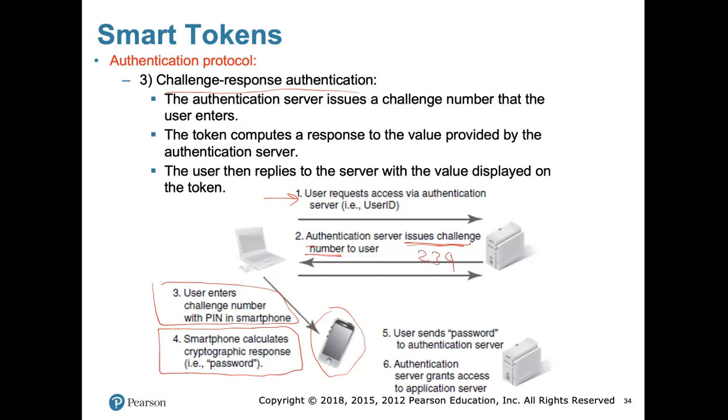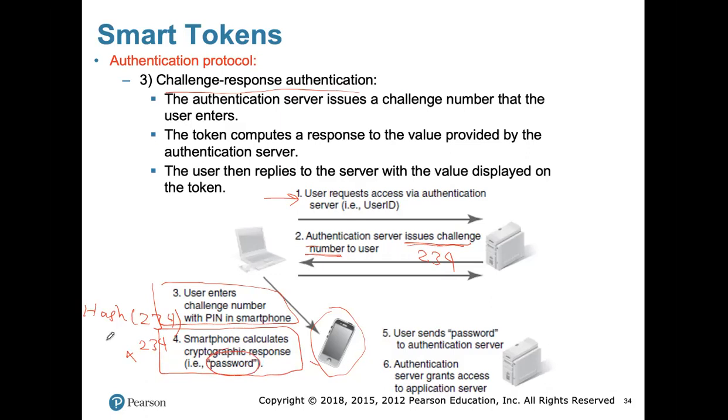The token here knows that it should, for example, calculate the hash of 234, or calculate something to the power of 234, and then return that to the authentication server. That will be used as a password.